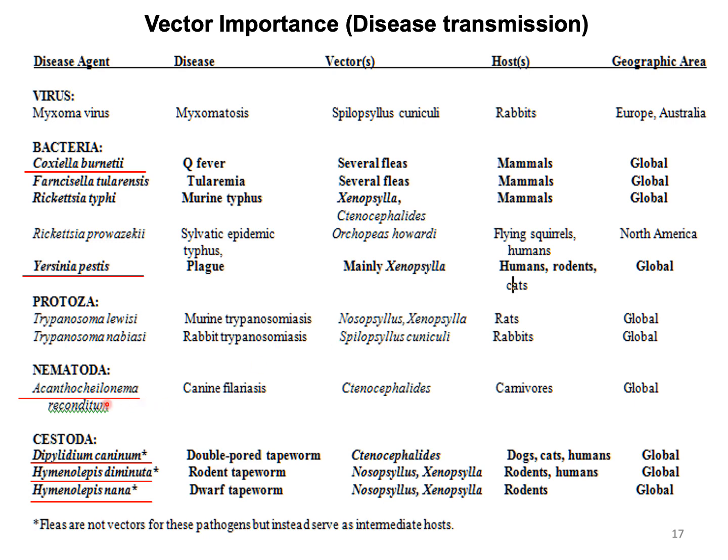Fleas also have a role in the completion of the life cycle of different cestodes and nematodes. For example, dog fleas, cat fleas, Pulex irritans, the human flea, or different rodent fleas act as the intermediate host in the completion of the life cycle of different cestodes, such as Dipylidium caninum, Hymenolepis diminuta, and Hymenolepis nana.